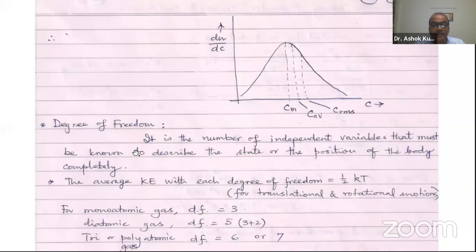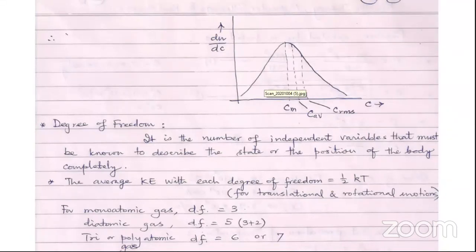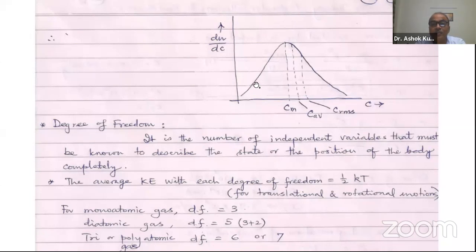So what is degree of freedom? Suppose you have to find out the energy of a particle for simplicity. From the kinetic theory basis, whatever the energy of the particle would be, it would be just half mv square, nothing else. Half mv square, because we have already assumed that it does not have any potential energy, so it is kinetic energy. Now, if you know that the particle is free to move in this direction, and you know the velocity, what you will do? Half m into the velocity square.